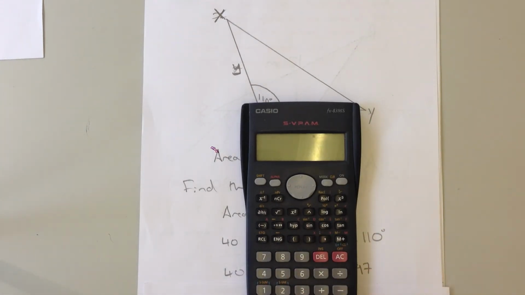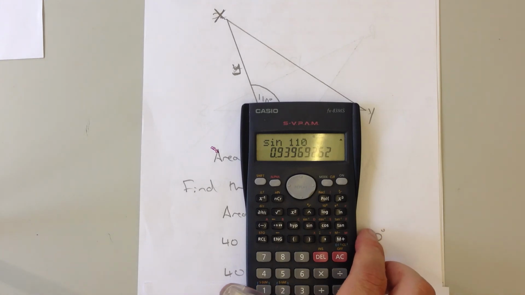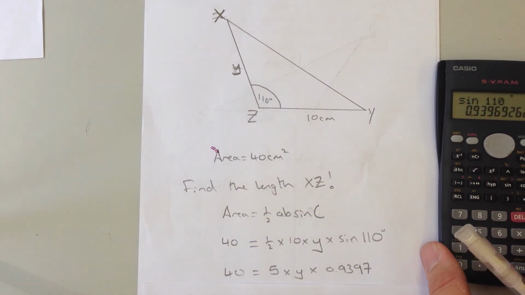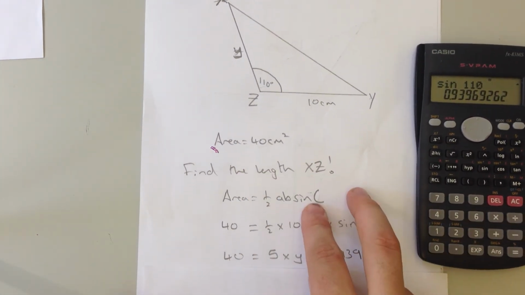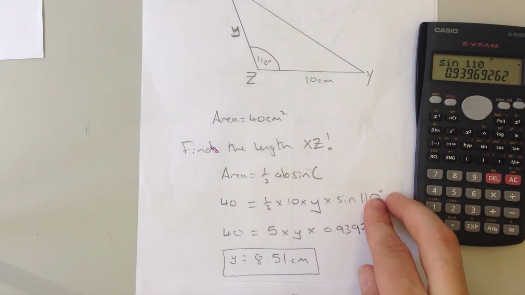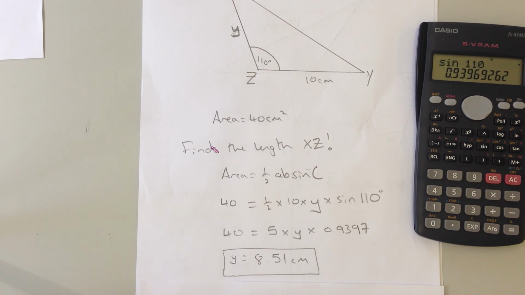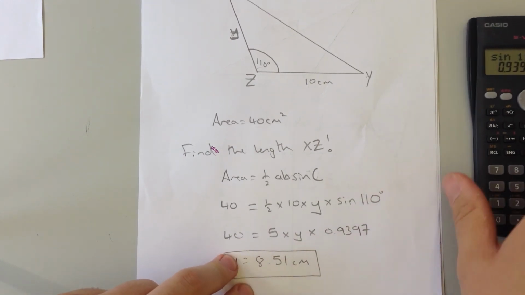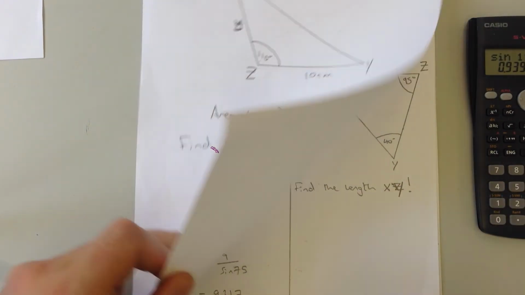Sine 110, 0.93969, yeah, so 0.9397. And then all we do is rearrange that and solve it to get y equals 8.51 centimeters to three significant figures. So using the area formula, you can work out the area if you have the two sides and the angle between them, or you can use it in reverse to work out what one of the sides was.